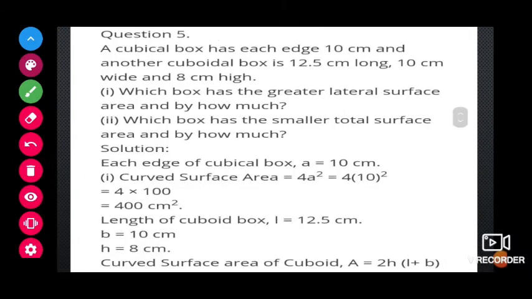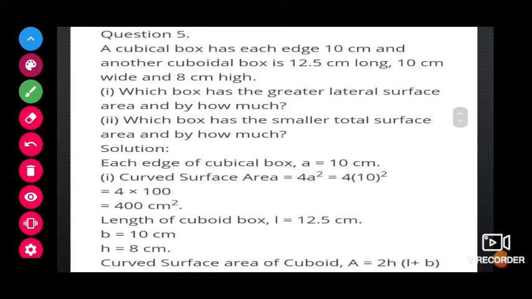Next, a cubic box has each edge 10 centimeters and another cuboidal box is 12.5 centimeters long, 10 centimeters wide and 8 centimeters in height. Which box has a greater lateral surface area and by how much? Which box has a smaller total surface area and by how much? Here they are asking two questions.